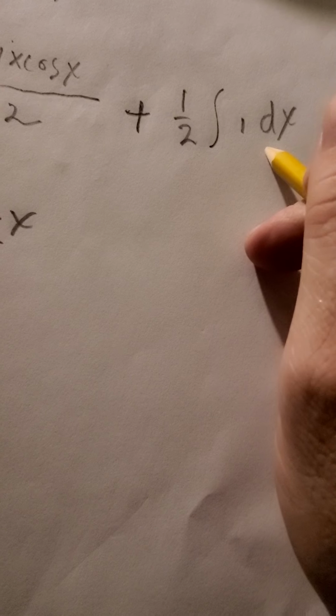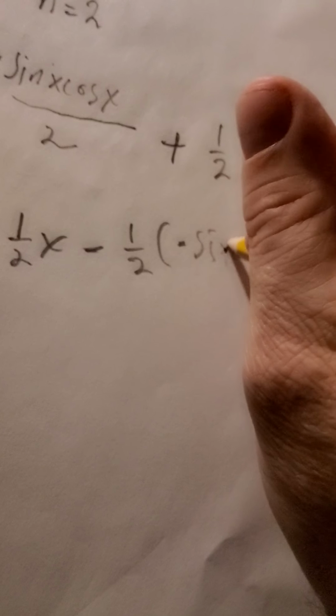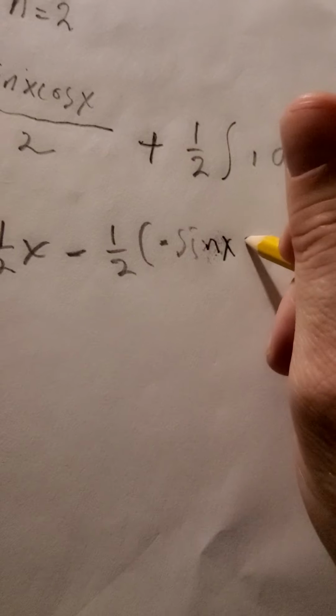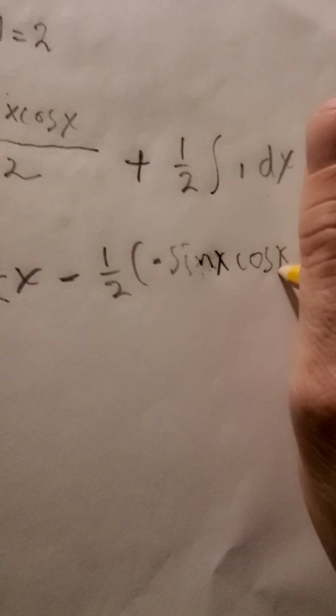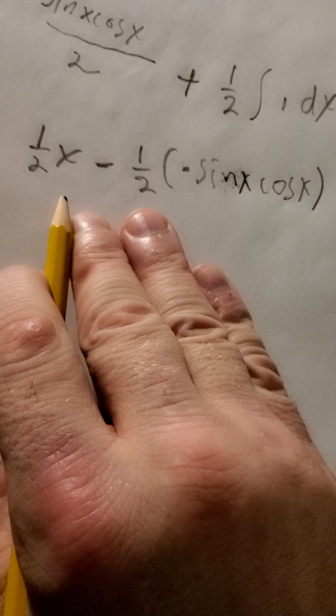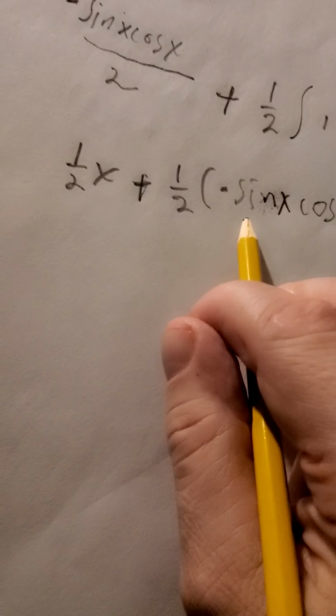So now you're going to have 1/2 x right here when you integrate this, minus 1/2 this negative sine x cosine x. Okay, so you're going to have a plus here and a minus here.